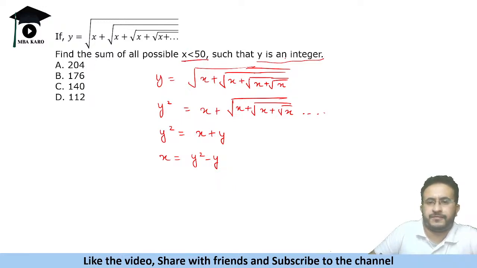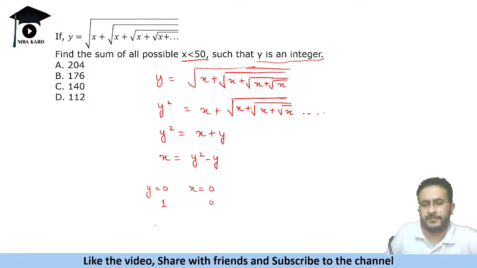We need to find x less than 50. So y is an integer. If we put y as 0, x will be equal to 0. Y is equal to 1, that will be equal to 0. If you take 2, that is 4 minus 2, 2. If you take 3, 9 minus 3, 6. If you take 4, 16 minus 4 is 12.